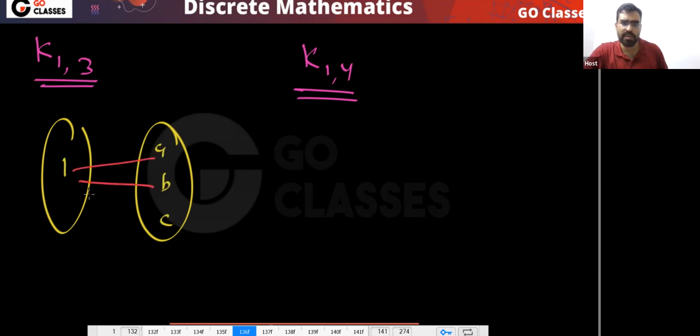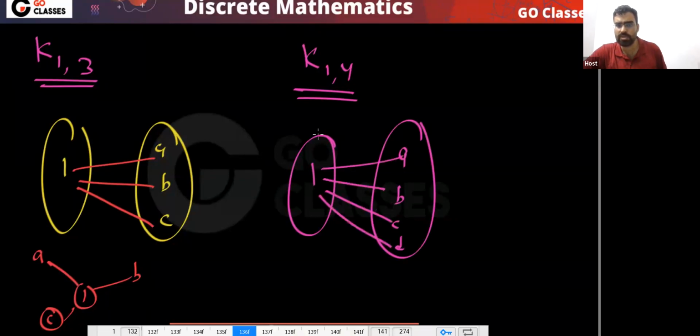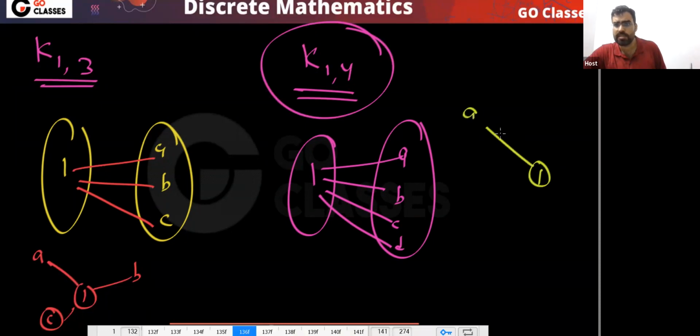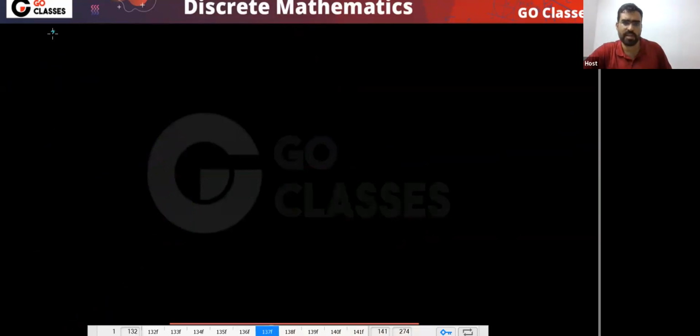You can write this as 1 with A, B, C. One is adjacent to everyone. And K1,4, you can think like this: A, B, C, D. So this is adjacent to everyone because this is a complete bipartite graph. This graph is actually called a star graph.